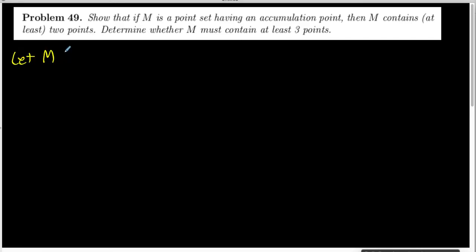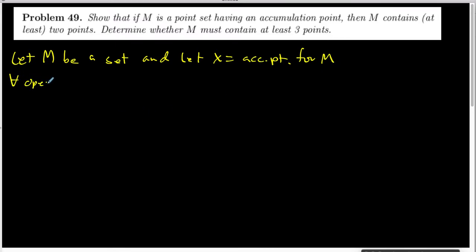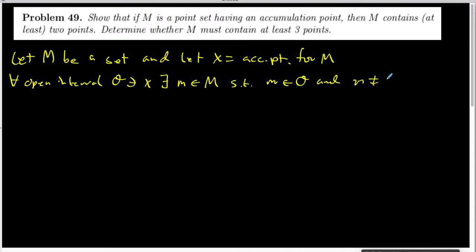So let's let M be a set, and let X be an accumulation point for set M. Now what that means is that for every open interval called O that contains X, there exists a little m inside capital M such that little m belongs to O and little m is not equal to X. And we have to use this definition to ensure that M has at least 2 elements, and then we have to figure out whether or not this definition says M contains at least 3 elements.